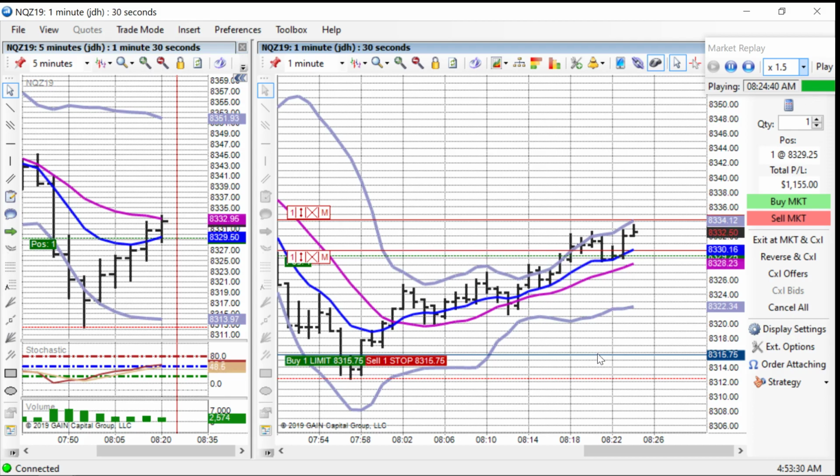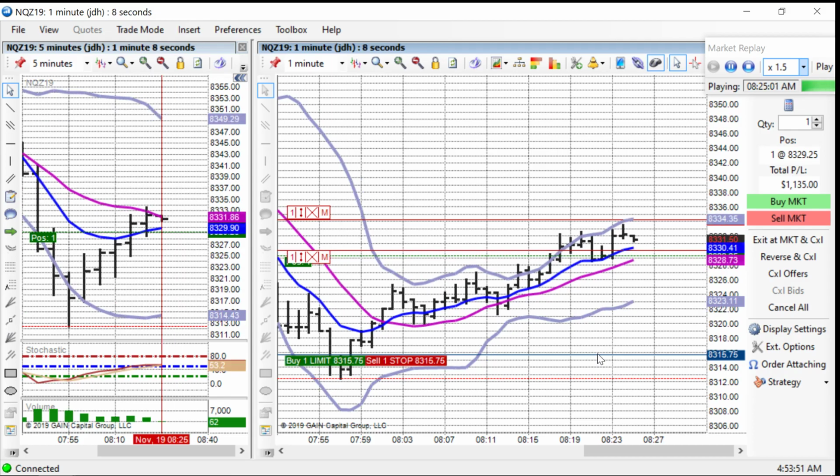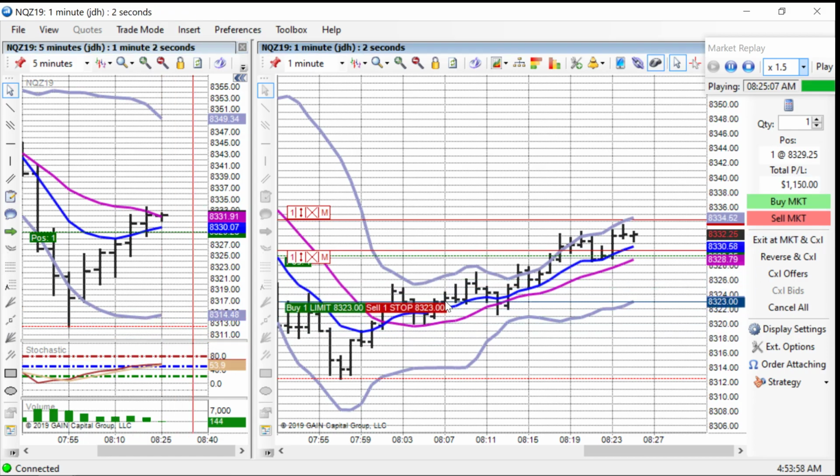That's a good habit to get into in all your trades. Try to lock in any profit you can. And you can't go broke taking profit. We've only been in this market for almost 2 hours, and you can see we're up here at $1,150 just for following these simple rules, and they don't change much.